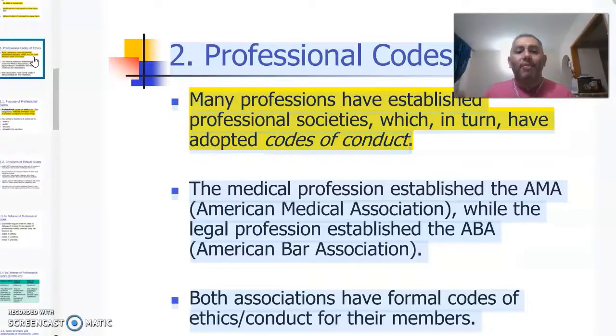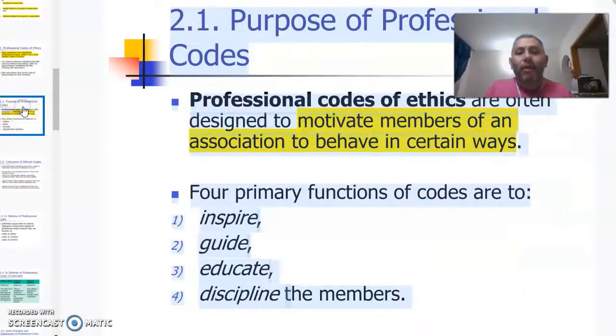Here you have some examples: the American Medical Association, or, in our case, a university or school, where we have a code of conduct, a code of ethics created to regulate what we do and what we say, and sometimes also to establish regulations, rewards, punishments, etc. Now, it is important to talk about the uses of professional codes of ethics: inspire, guide, educate, and discipline the members of a particular profession.